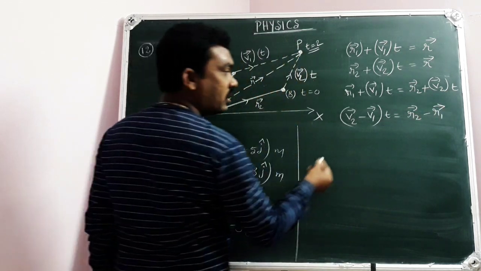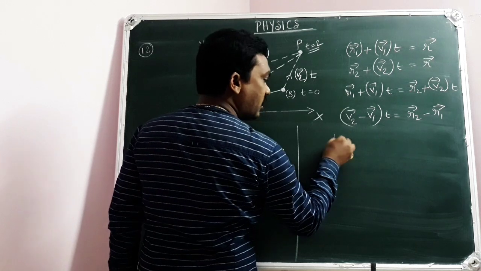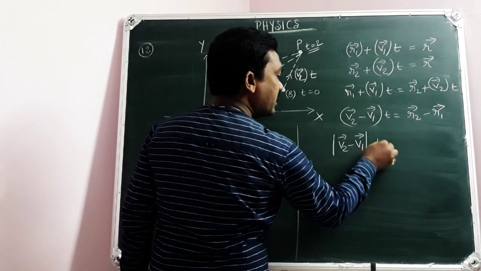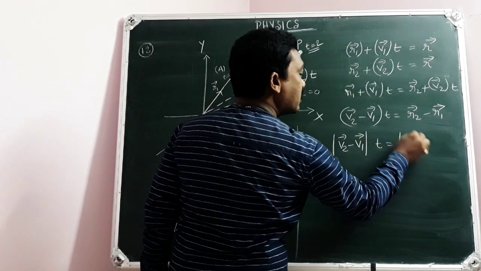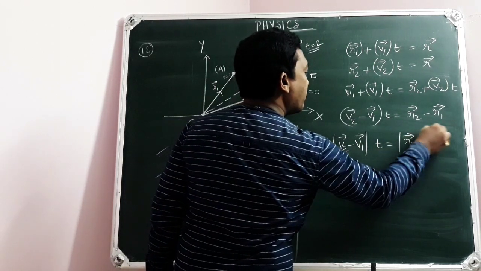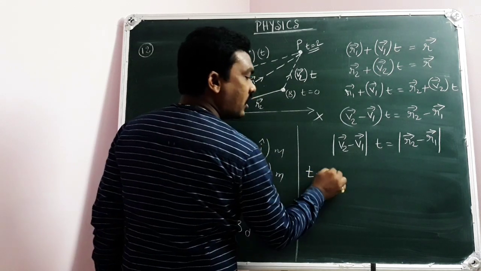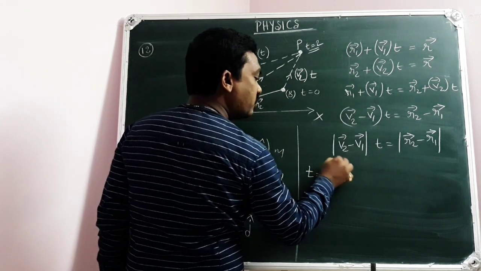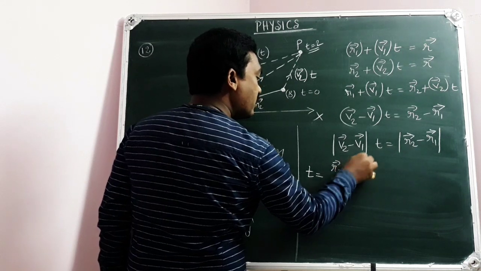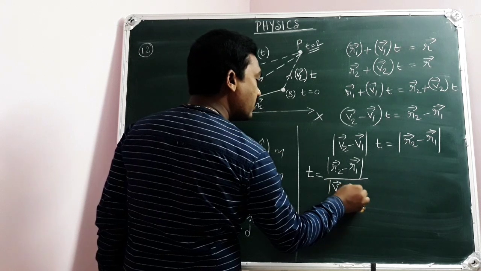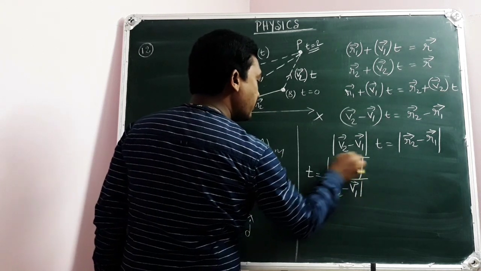Let me apply magnitude on either side. Modulus of v2 bar minus v1 bar into t is equal to modulus of r2 bar minus r1 bar. Therefore, t is equal to modulus of r2 bar minus r1 bar by modulus of v2 bar minus v1 bar, is the formula for t.